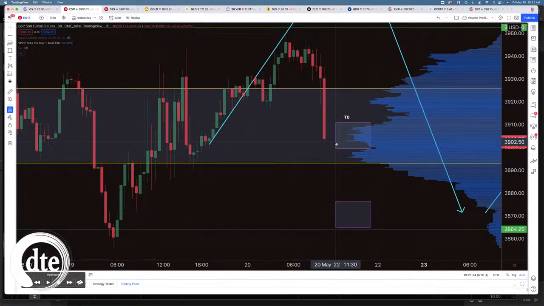While it's here, I think it's going to be attracted to the center of this value node, and particularly where we ended up last night at 3,900, there's really a strong pull there in many different time frames. So there's a good chance that we're going to stick around here and have a hard time, perhaps go up to the top of this T0, but more than likely make your way down further.